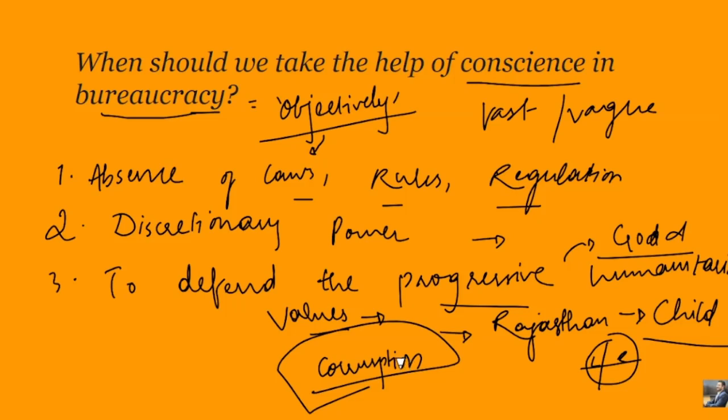Even if we don't take the help of our conscience, it will for sure nudge us that no, this is something against humanity, against the progressive humanitarian value, and here the bureaucrat will strive his or her best in order to stop such malicious practices in the society.